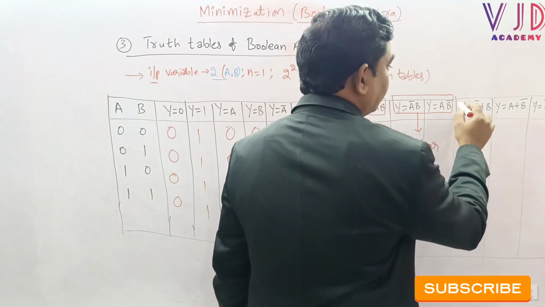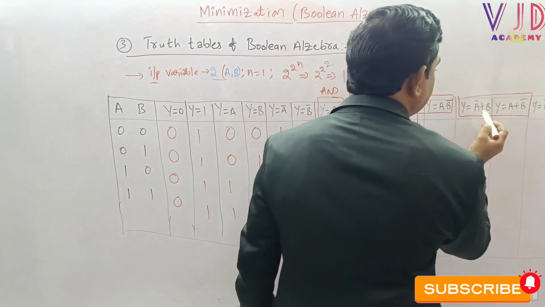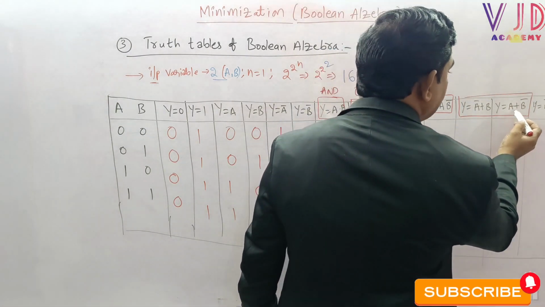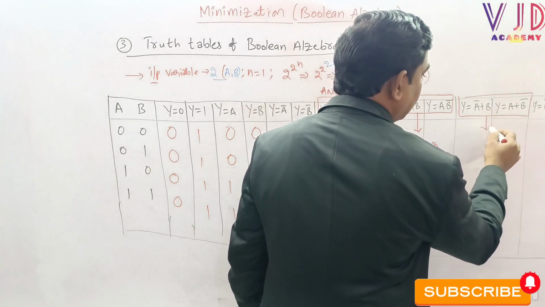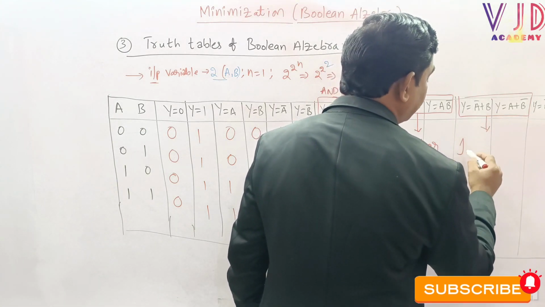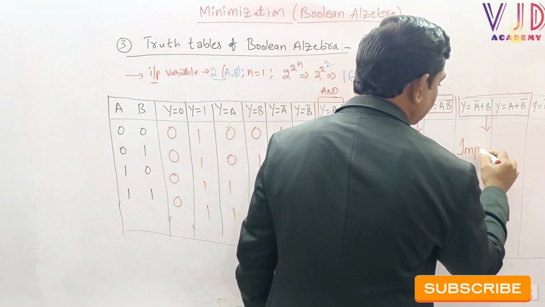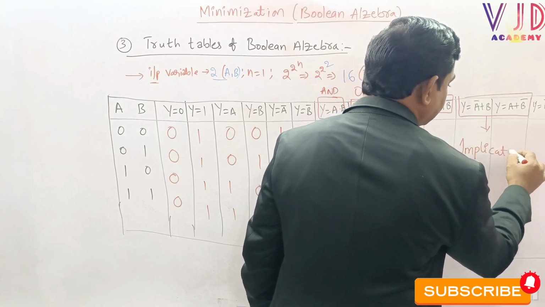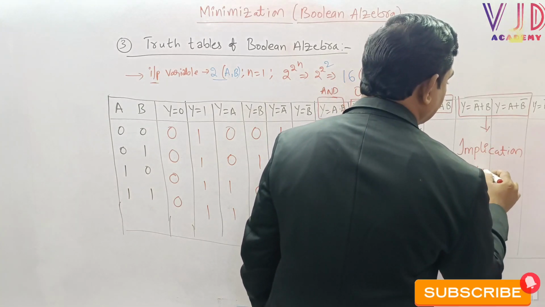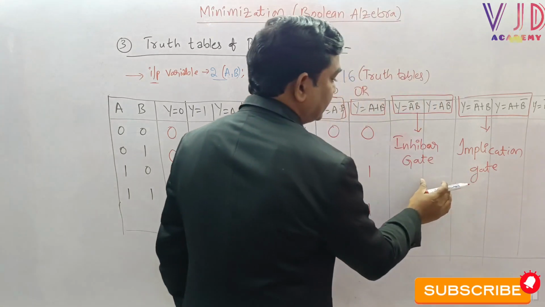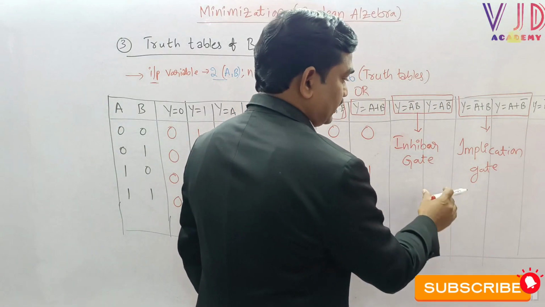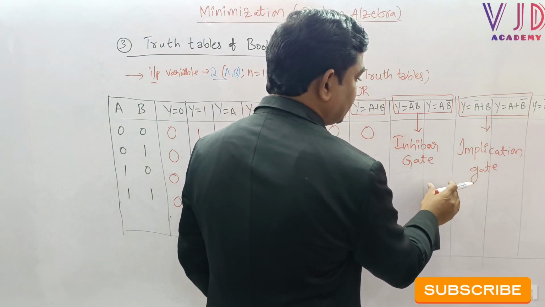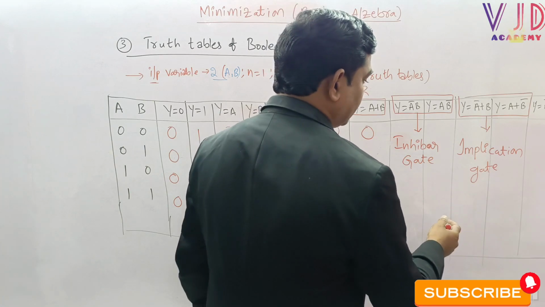And there is one more combination, A bar plus B and A plus B bar. This is called an implication gate. These are the two new terms I am introducing, and we just need to remember them.